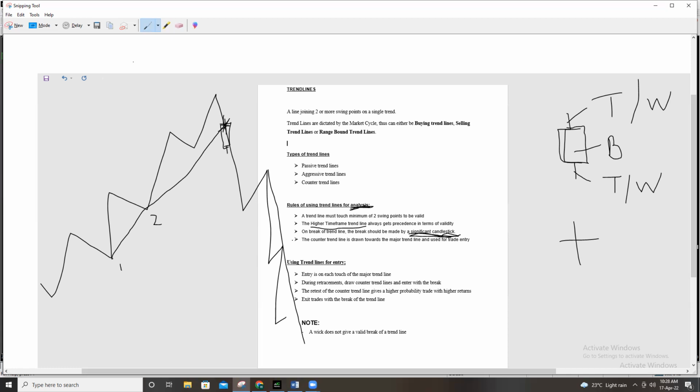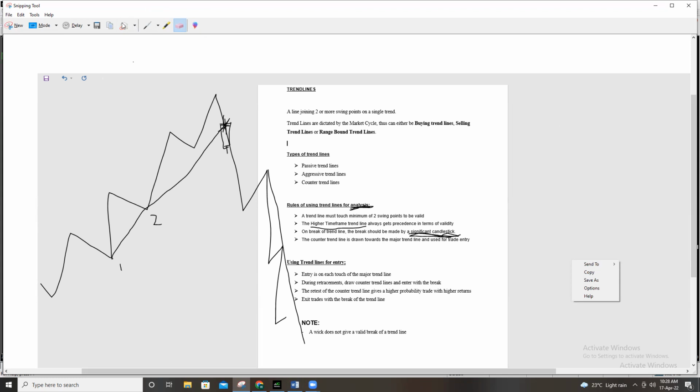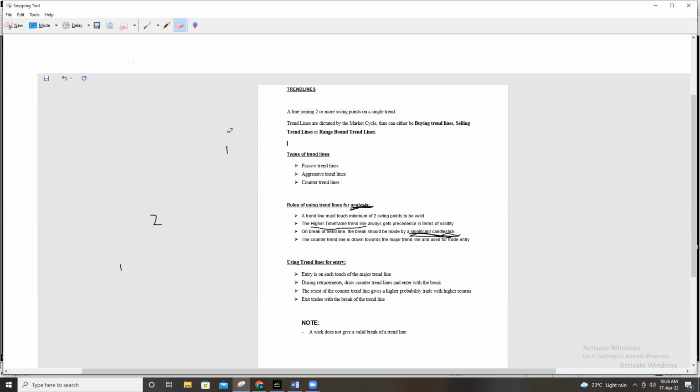Moving on, number 4: the counter trend line is drawn towards the major trend line and used for trade entry. I think I mentioned that if you're drawing your counter trend line, it must be towards the major trend line. Why? Because we use the counter trend to do entry. Now, those are the rules when you're doing market analysis.